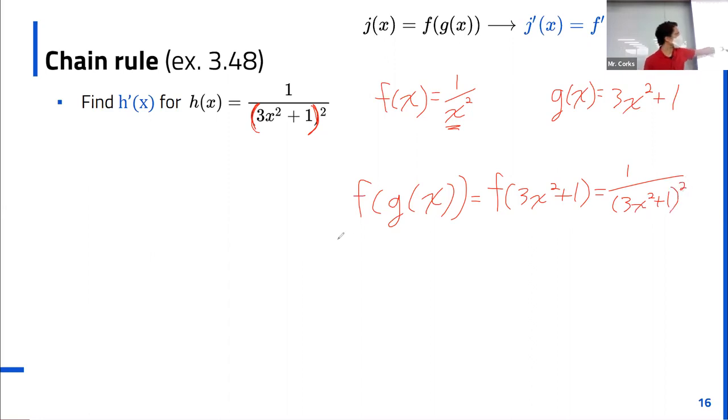So this is before we've done any derivatives. This is just understanding function notation and nested functions inside each other. Look at that closely. Spend a bit of time looking at that and see if you can see how that's working. This is the outside function. This is the inside function.